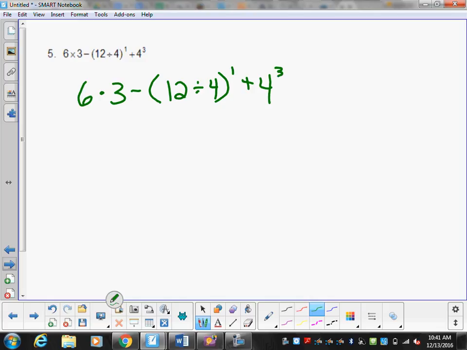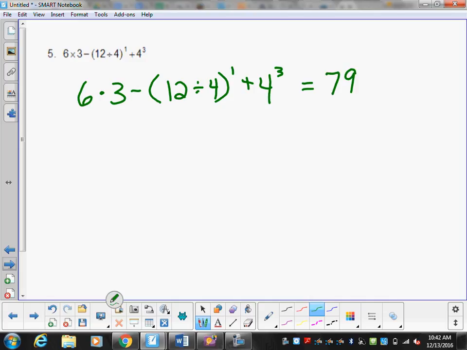So give me just a second to type this in. And you should be able, if you type it in just like it's written, it should completely work with the correct answer and everything. And when you type that in, you should get 79 as your answer.